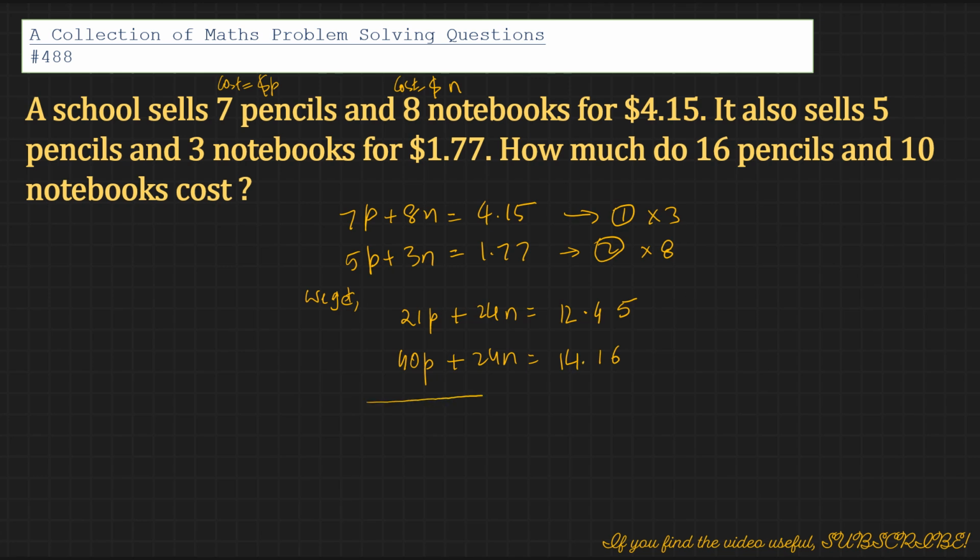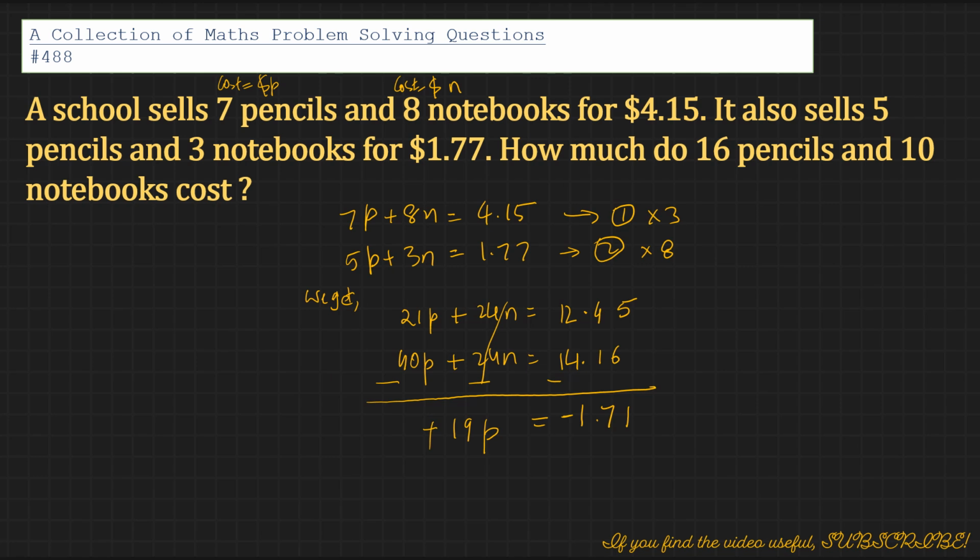And now if we subtract one from the other, we get 19P, with the N terms cancelling, equals minus 1.71.